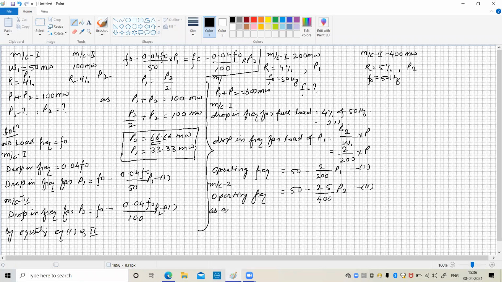As given, P1 plus P2 is equal to 600 megawatt.